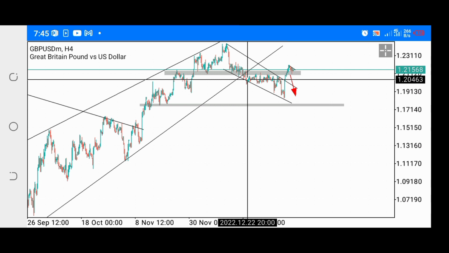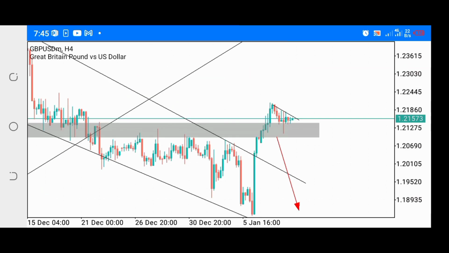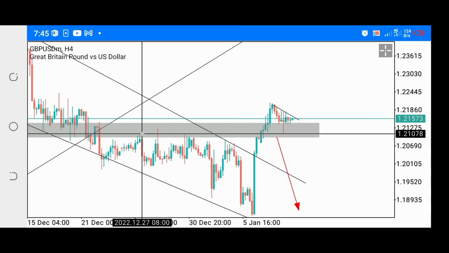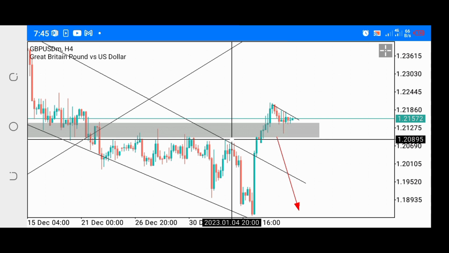Remember, all price movements start from a consolidation, and since we were also in a Christmas holiday, we're not supposed to be trading. So price comes here. If you notice, we make equal highs and lows, equal highs and lows, equal highs and lows. When you keep on making these equal highs and lows, price has to collect orders.